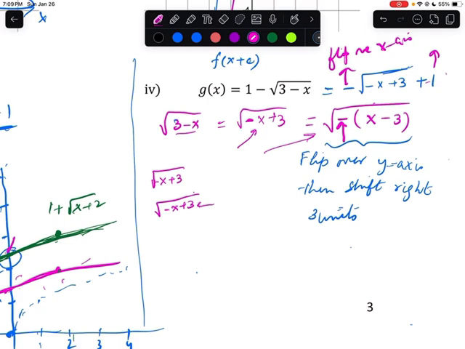So this is shift right, and this is left. But if we have a negative in front of the x plus 3, this will go right.